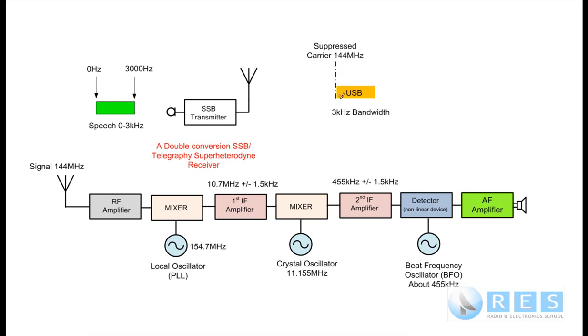The carrier is on the bottom end of the upper sideband and the top end of the lower sideband, but we don't have a lower sideband. This is single sideband. We're only transmitting on 144 megahertz. The carrier would be here if it existed, and the upper sideband extends above 144 megahertz by 3 kilohertz for single sideband.